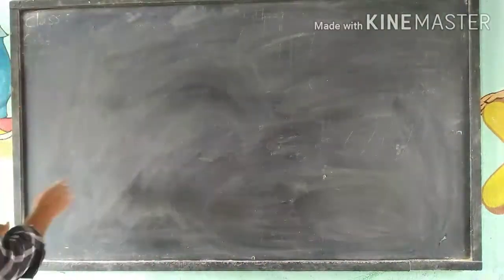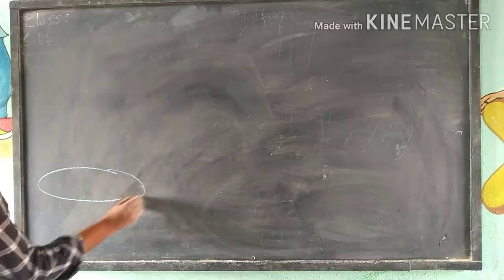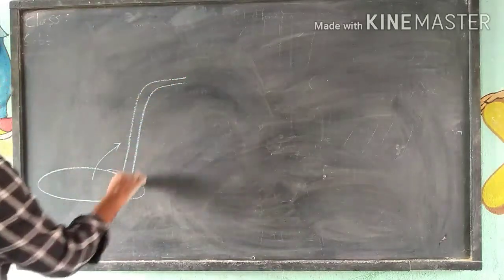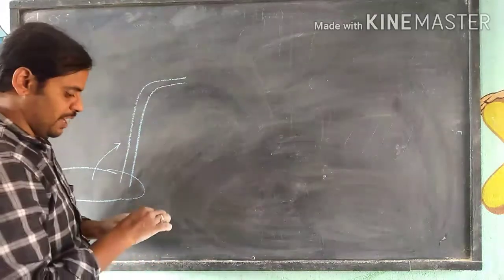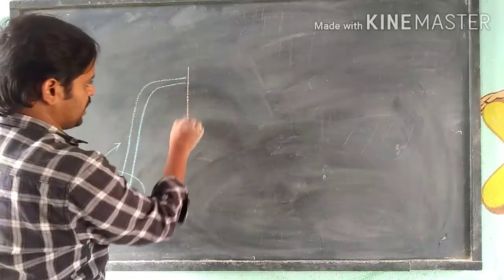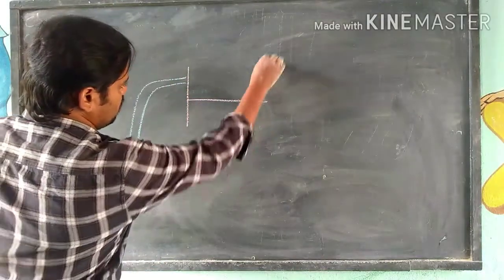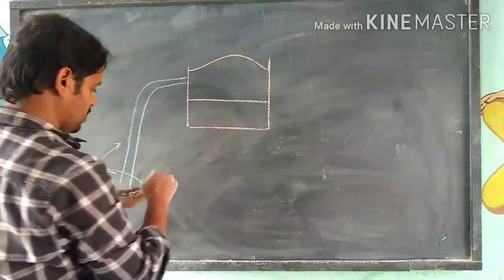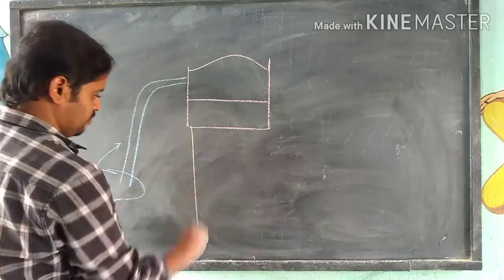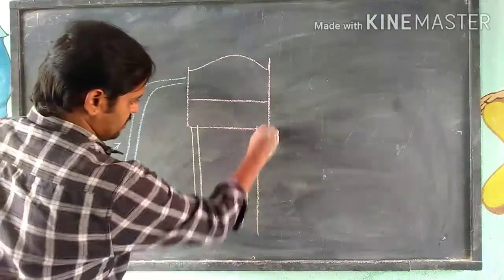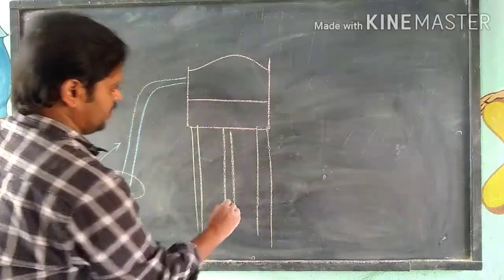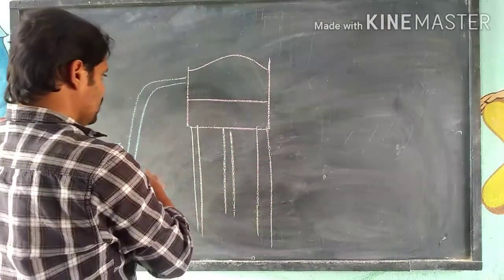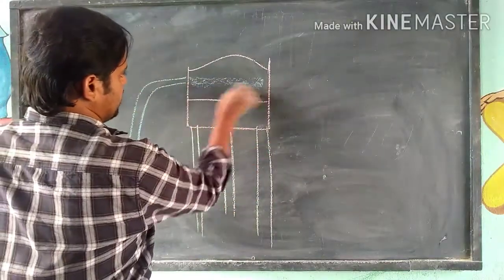Now, from the water source, they collect the water with the help of pipelines into large tanks. We call it a water tank, which contains long pillars. I think you have seen them in your villages. Now the water is collected here.